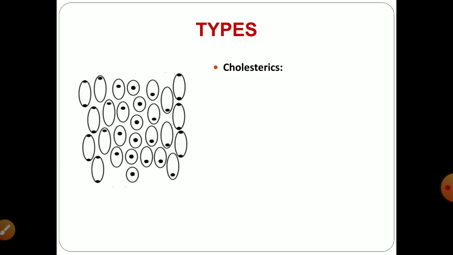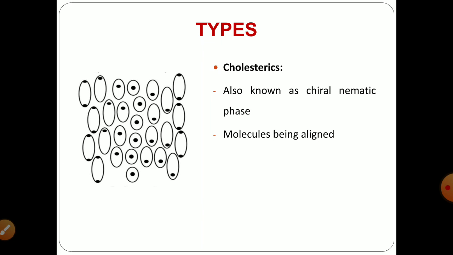The next type of liquid crystal is cholesterics. The cholesteric phase is also known as chiral nematic phase, and this is because the molecules are characterized by being aligned. The molecules are aligned in a proper position.